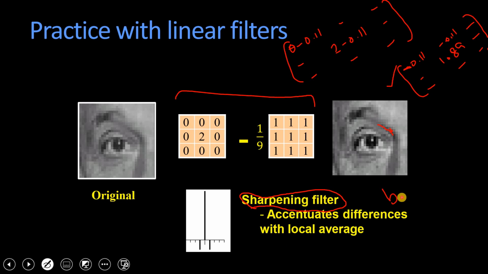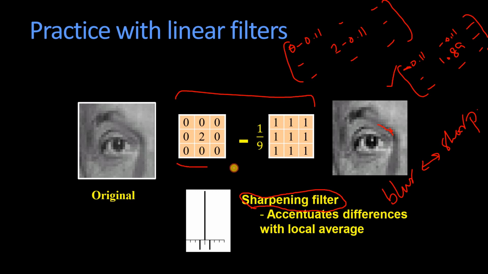So the opposite of blur is sharp. This is the sharpening we create. The sharpening filter, we create it like this by subtracting the box filter from a signal which has 2 in the center.